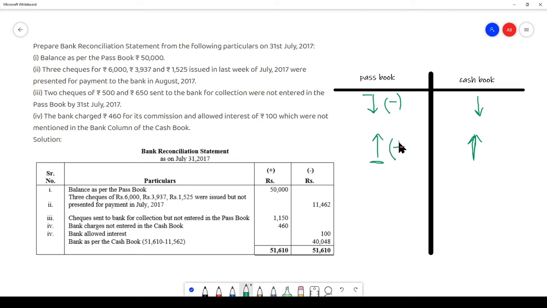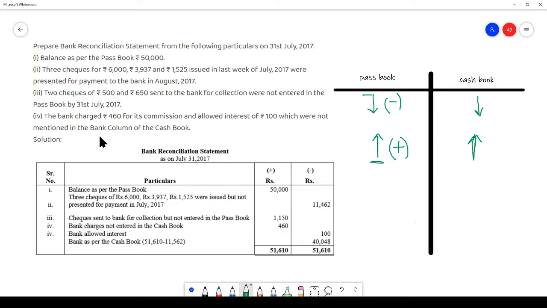So I'm going to add this amount to my existing balance in order to make my passbook and cash book balance equal. So for transaction number 3, checks sent to bank for collection but not entered in the passbook, the total amount of 500 plus 650 becomes 1150, and I have written it in the add column.